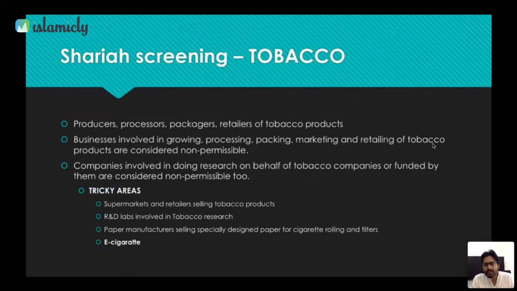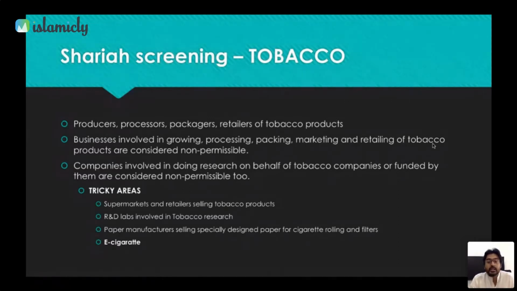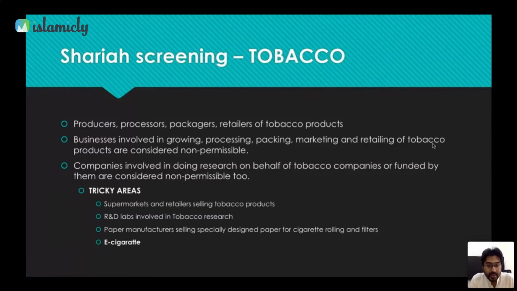So there are these research companies who say that they are going to manufacture probably low nicotine or no nicotine or no tar products which are alternates to tobacco, and market themselves as healthy alternatives to consumption of tobacco. These companies are also analyzed to figure out if they have funding from tobacco companies or they're doing research on behalf of full-fledged tobacco companies.